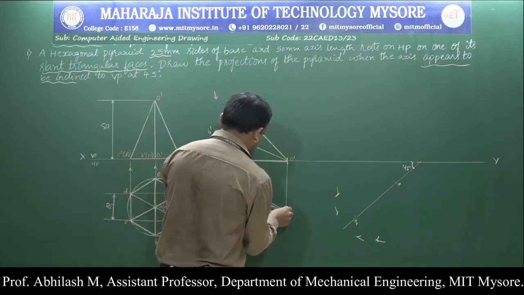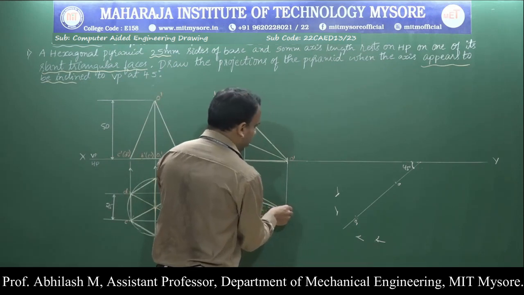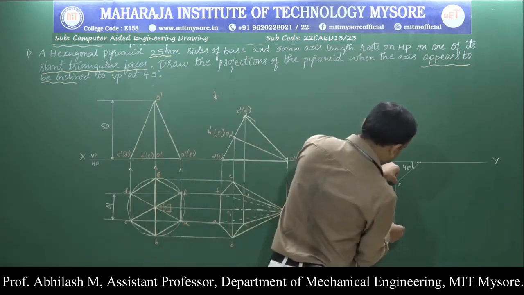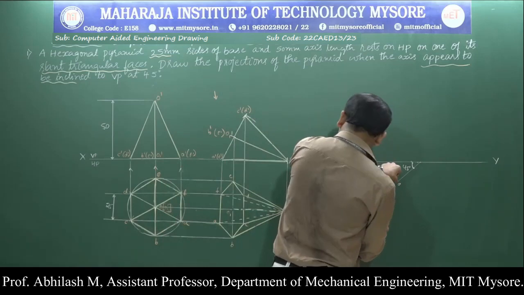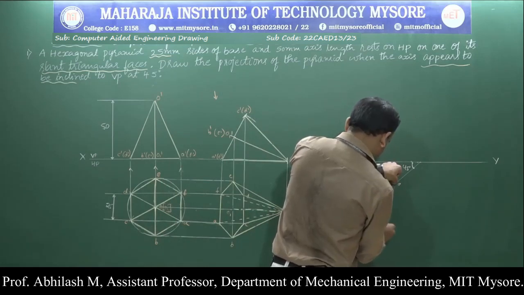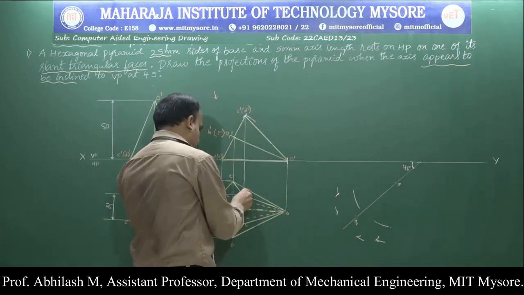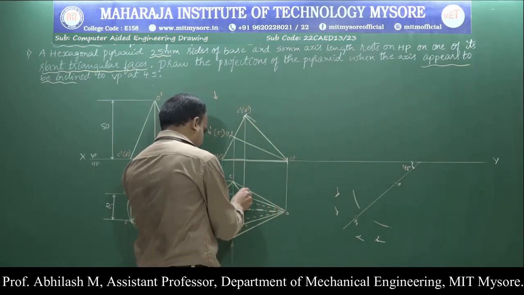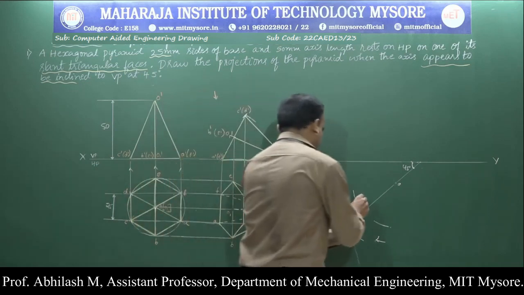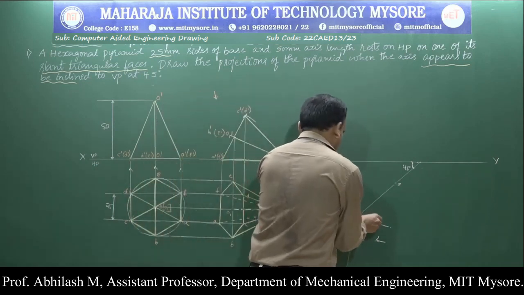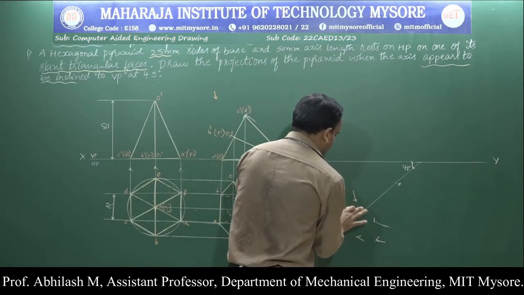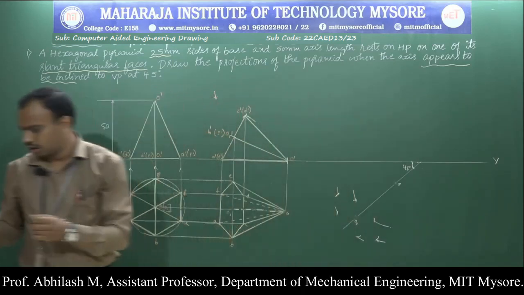So measure from D to O, and measure again from O1 so that it completes the arc, O1 to D. So we have completely transferred all the points.